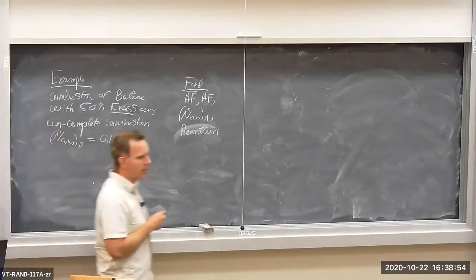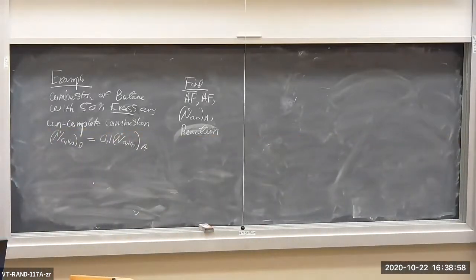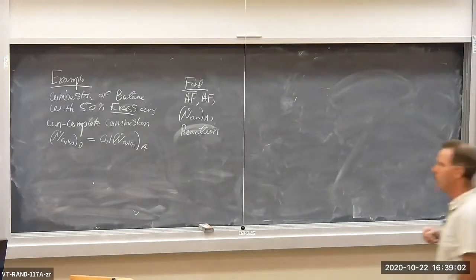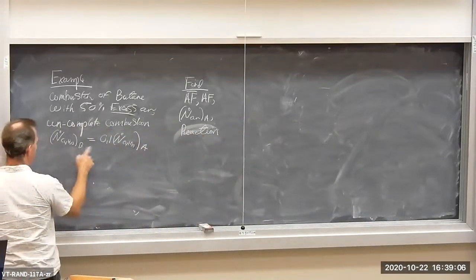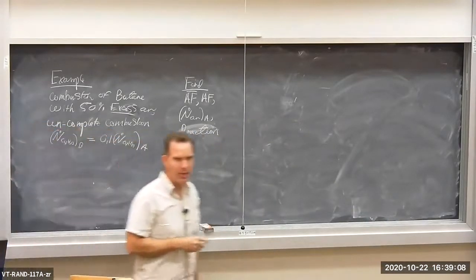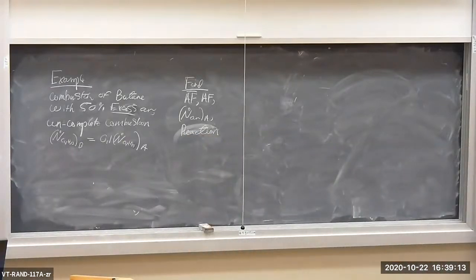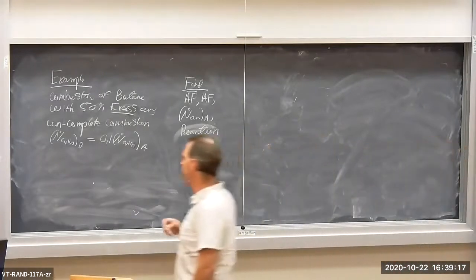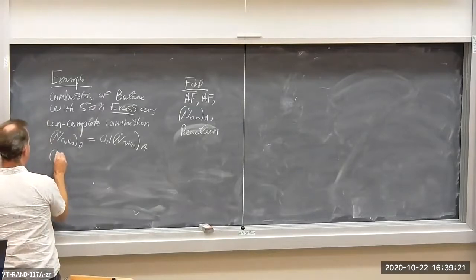In most realistic combustion situations, not all the fuel is burned for various reasons. So in this case, N dot C4H10 at the outlet in the products is equal to 10% of the inlet flow for the fuel. In other words, 90% of the fuel is burned, 10% isn't. So I'm going to write in parentheses, i.e.